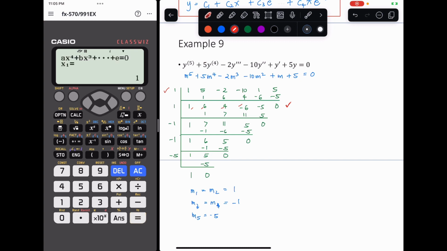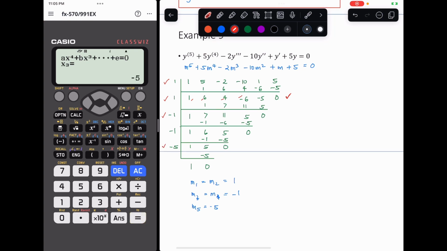As you can see here, we have a positive 1 as our x sub 1. X sub 2 is -1. X sub 3 is -5. Okay, so that's the only problem. You will not know which one repeated, but it shows 1, -1, and -5.